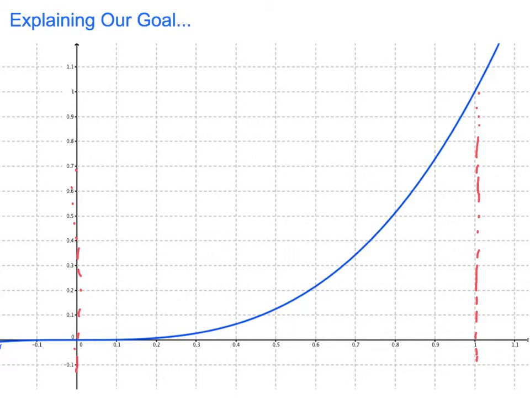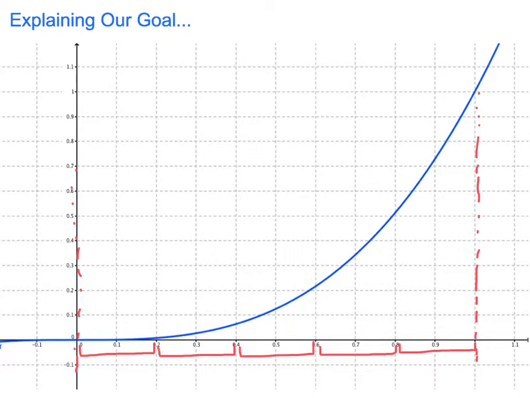And we know that the subinterval width is 0.2. So basically our first subinterval is going to be from 0 to 0.2. Our next subinterval is from 0.2 to 0.4. The third one is 0.4 to 0.6. The fourth one is 0.6 to 0.8. And then the fifth one is 0.8 to 1.0.